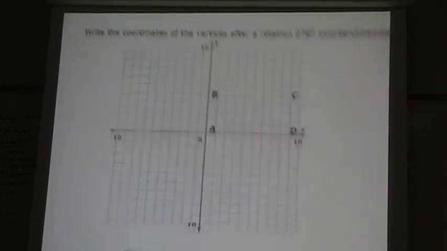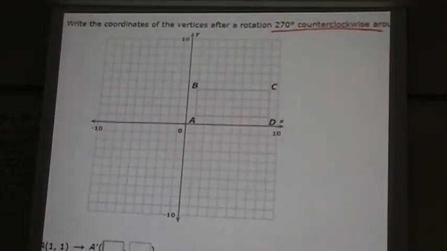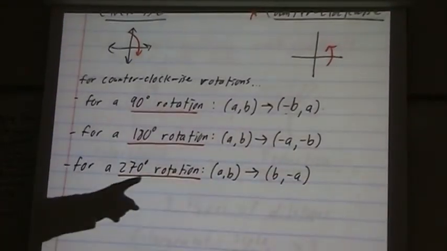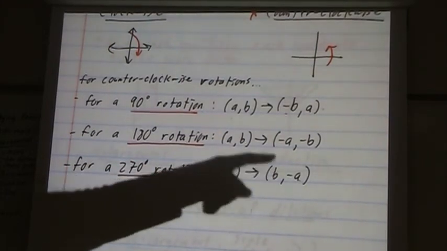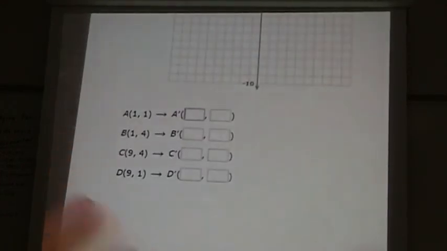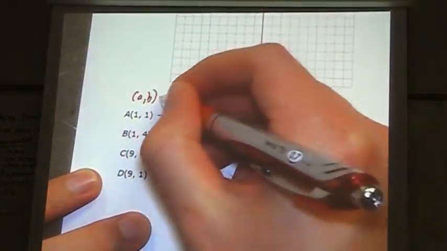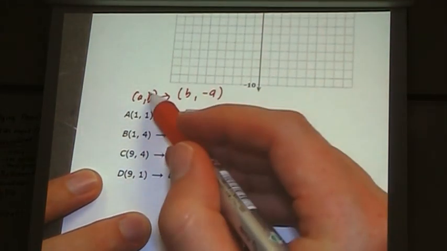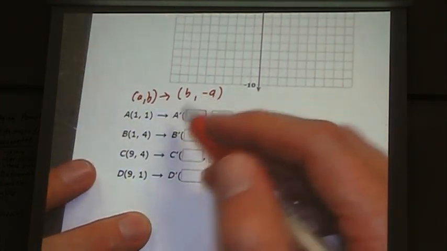Oh, we got a box here. Oh, okay, 270. So again, you got to figure out which pattern you are going to use. Well, 270, boom. AB jumps into B, comma, negative A. So we're going to write that down. AB becomes B, comma, negative A. So again, your Y is going to hop to the front, your X goes to the back, and becomes its opposite.